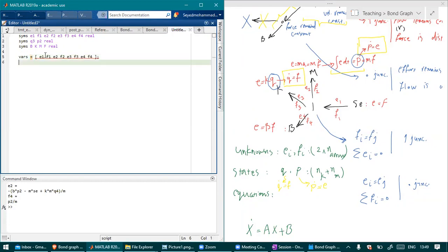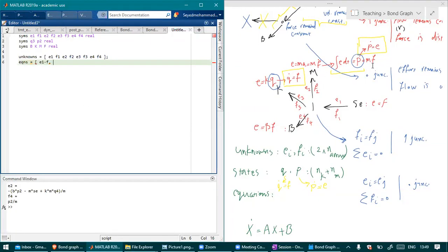So the variables are these. These are the unknowns, basically. The equations are, let's write it together. Let's start by writing the equations for the elements. Here we have E equal to F, so it's basically E1 minus F1, because it assumes that everything becomes 0.